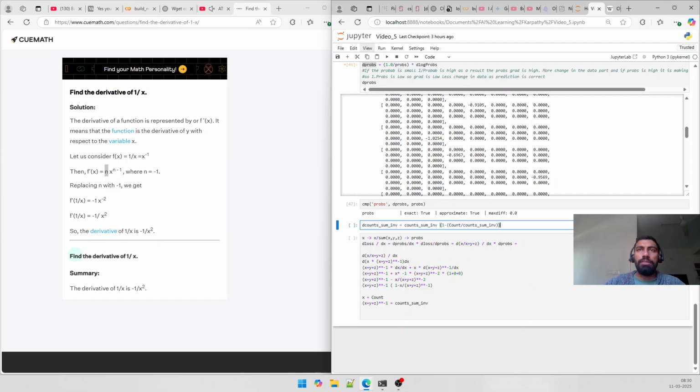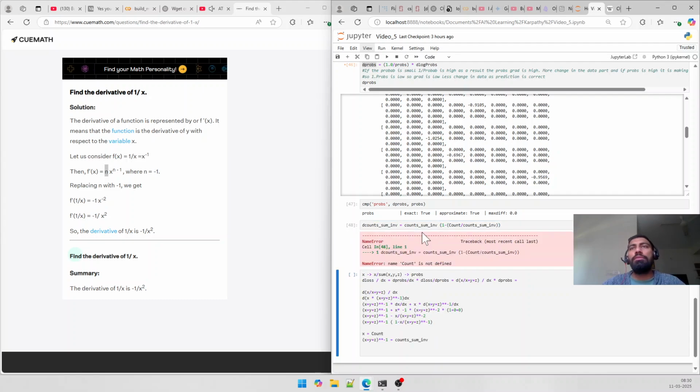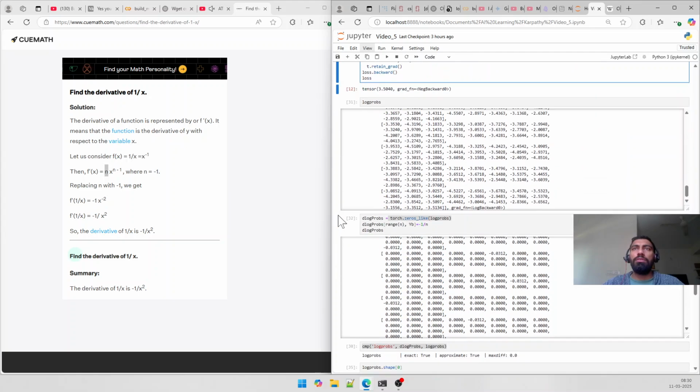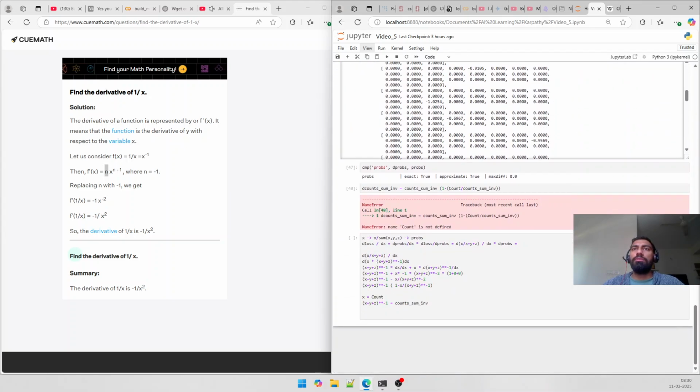Let's see. Count is not defined as count sum. Okay. Tensor. Okay. Sorry, it's multiplication.